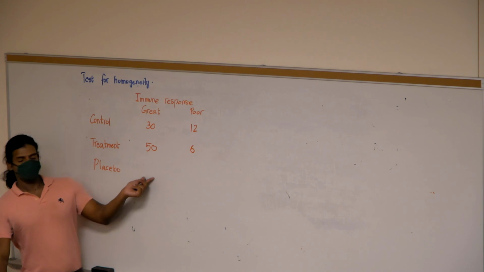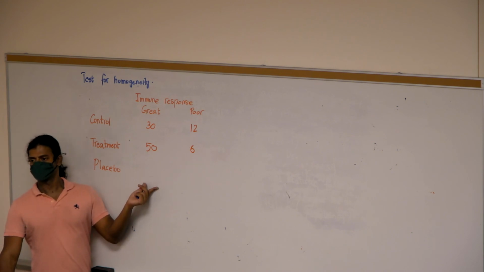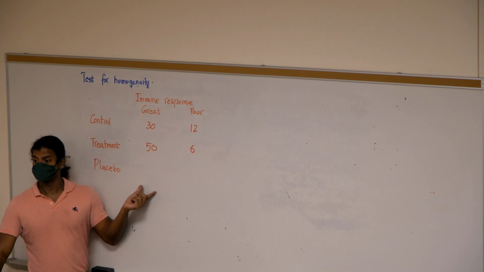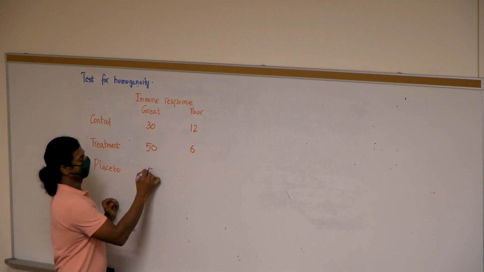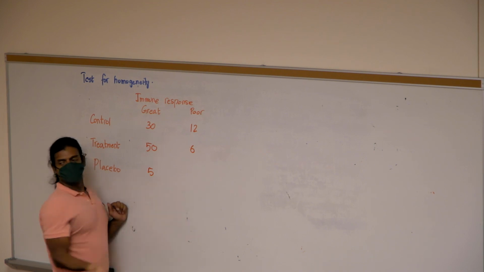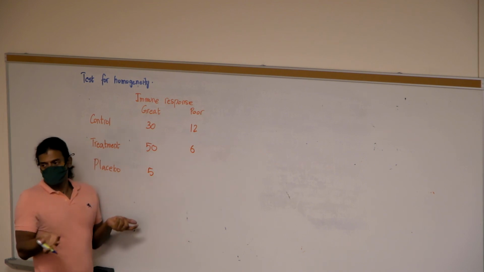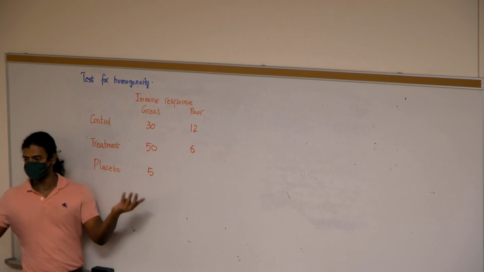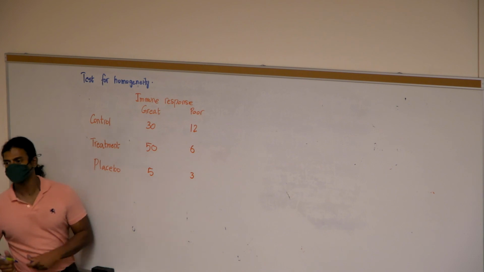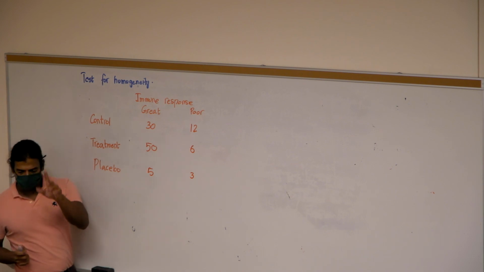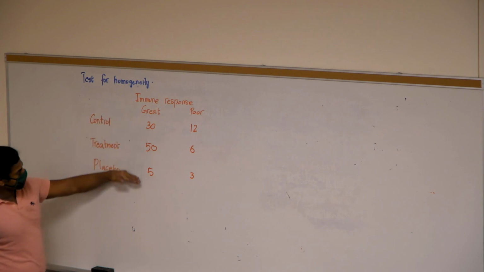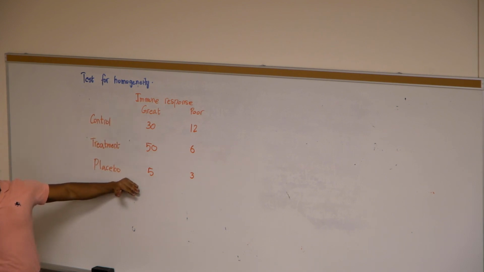What about the placebo? Should it be bigger or smaller? Smaller, right? I mean, it's just a placebo. Maybe it doesn't even work, right? Good, poor, whatever. Would you consider that these values across the levels are homogeneous?